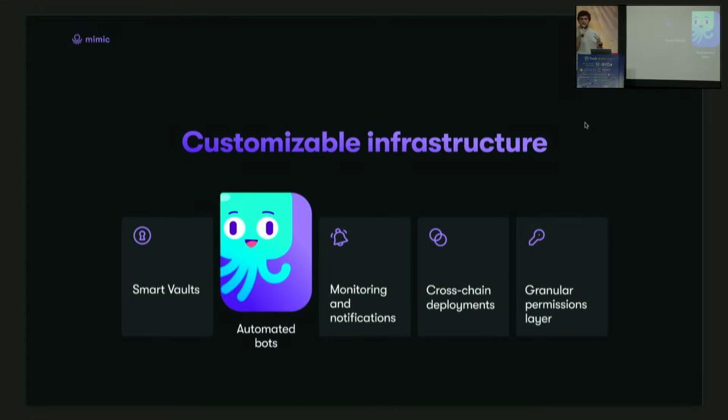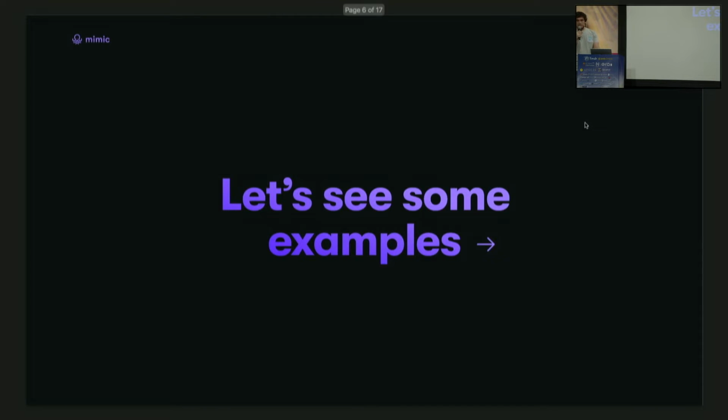But at the same time, we have other pieces like automated bots, monitoring and notifications, cross-chain deployments, and a granular permission layer. All these things put together could help different projects in this space to automate their operations. So let's see a few examples before we go into the technical details, which may help understand the idea a little bit more.